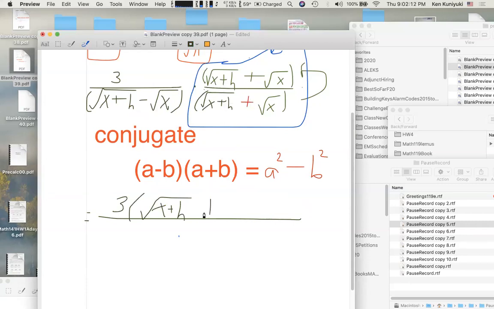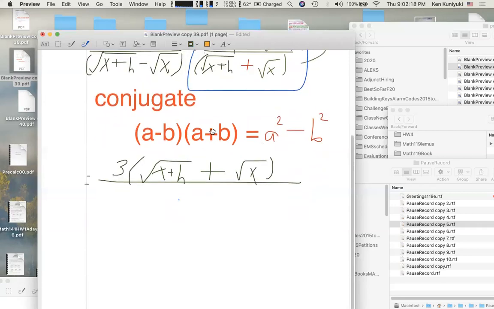It's the plus sign, plus root x. On the bottom, we exploit this rule. It's that first guy, the a guy, it's a substitution. It's this a guy all squared, minus the b guy, and that's squared.